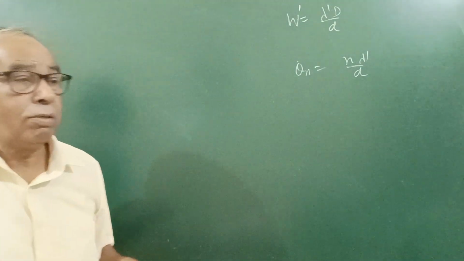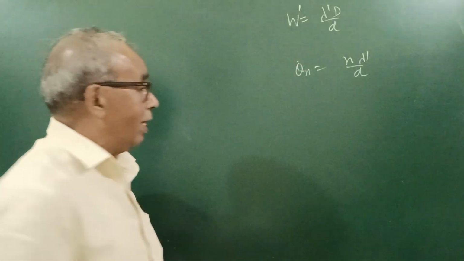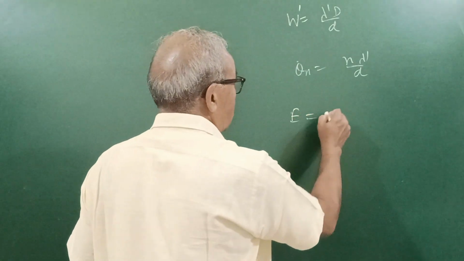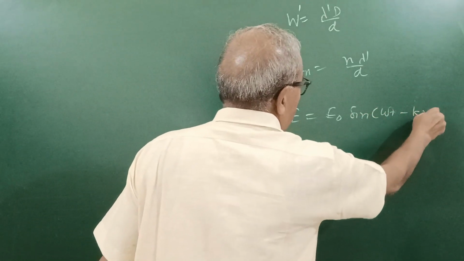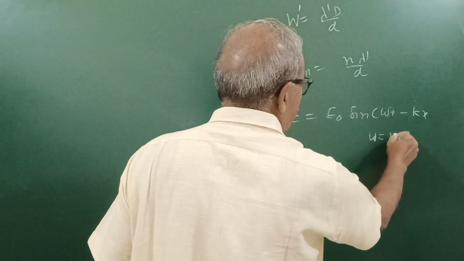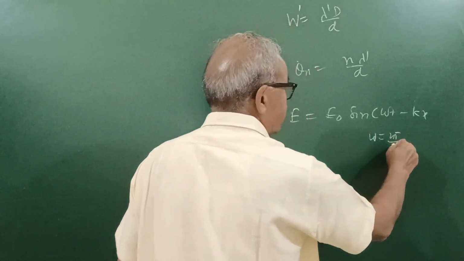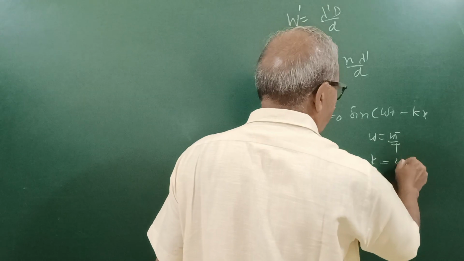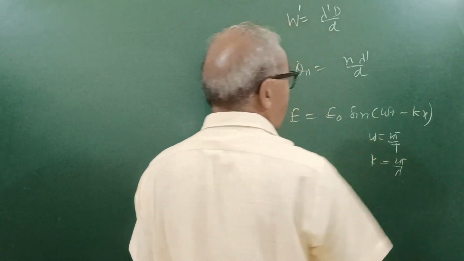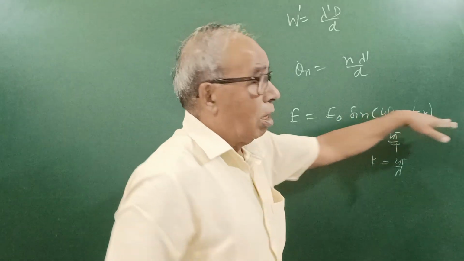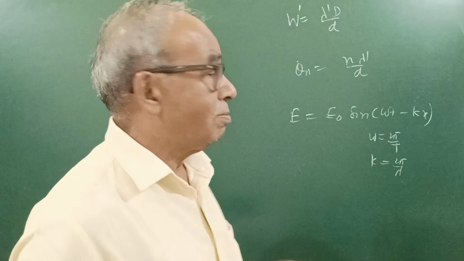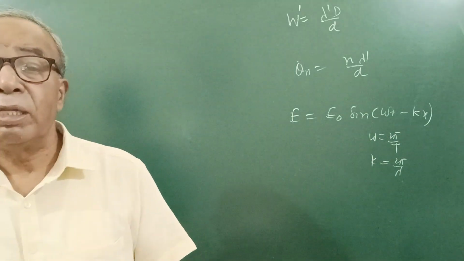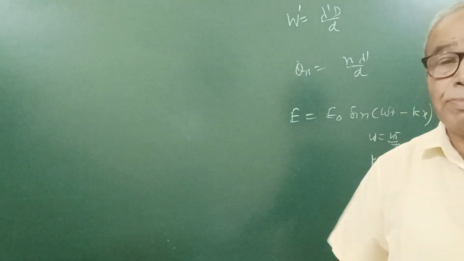In the case of a light wave, it is a periodically varying electric field, with the equation E equals E0 sin(omega t minus kx). Here omega is 2 pi upon T and k equals 2 pi upon lambda. So when distance changes, at one time there are different electric fields at different distances, and they keep changing with time. So a wave is nothing but simply the variation of some physical quantity which transfers energy.